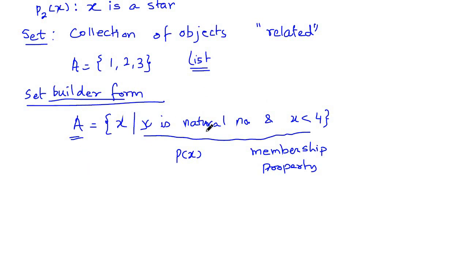For example, here 1 is a natural number and 1 is less than 4, so 1 is a part of it. 0 is not a natural number, so 0 cannot be a part of it. 2 is a natural number and less than 4, so it's a part of it. 5 is a natural number, but it is not less than 4, so it cannot be a part of it. Whenever the value comes out to be true for this particular proposition, that particular number is a member of set A.